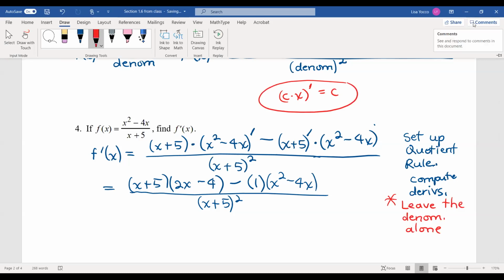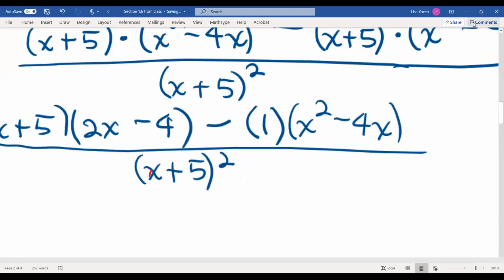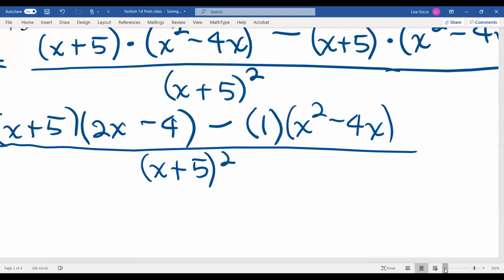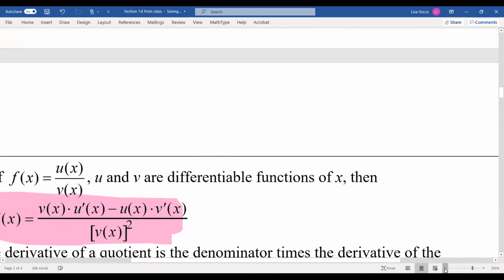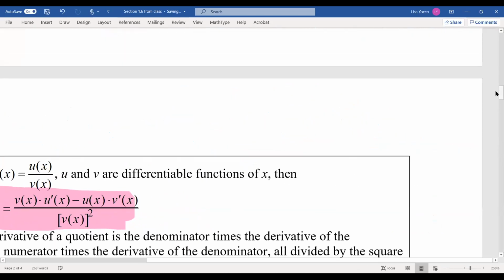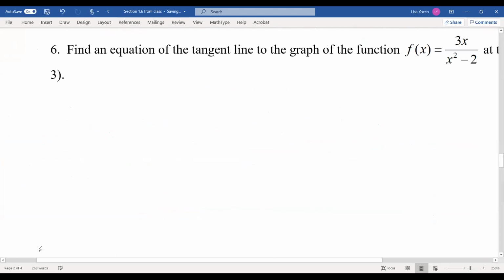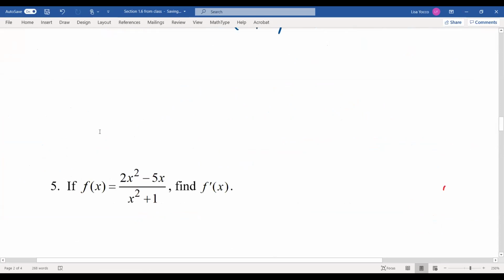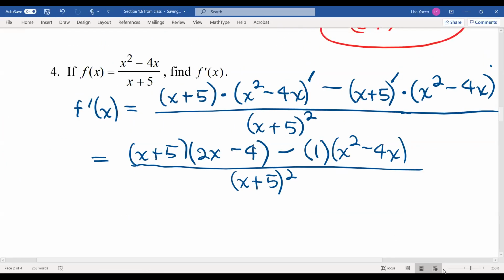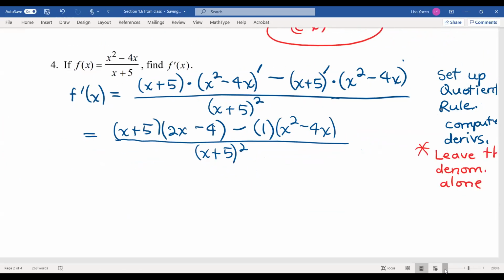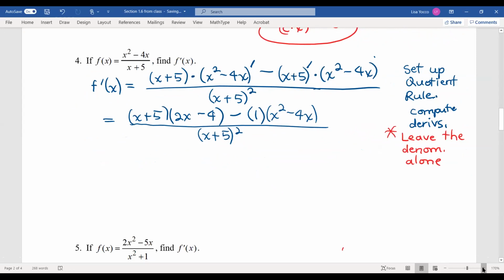So again, we're going to multiply. Whoa, hit the expand button. So hang on a minute. Okay, here we go.